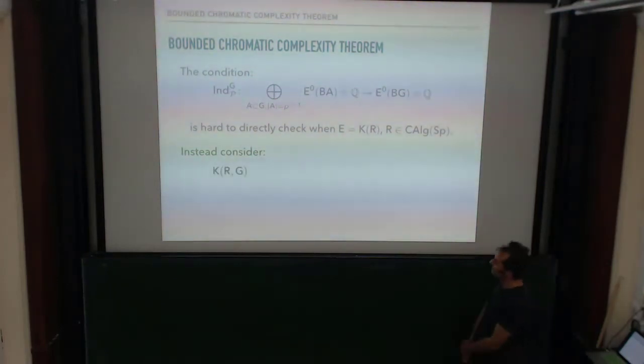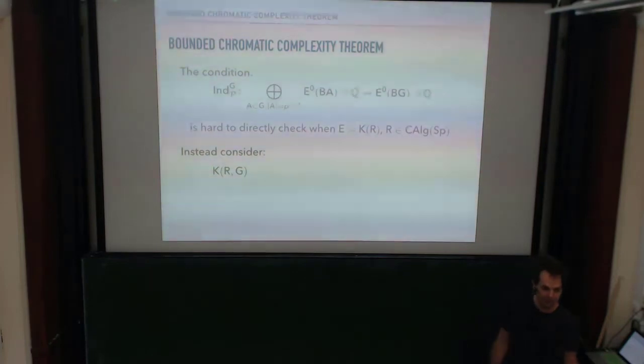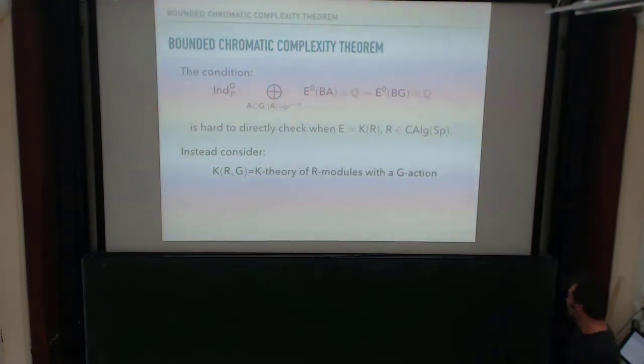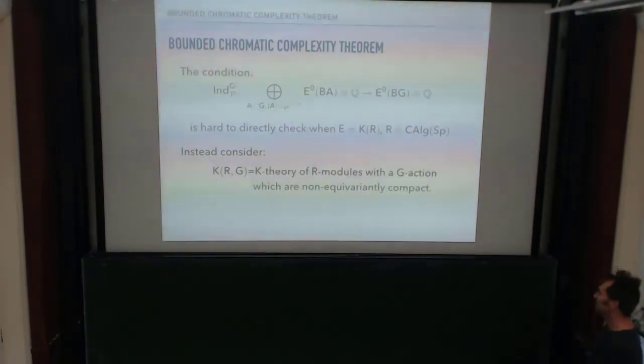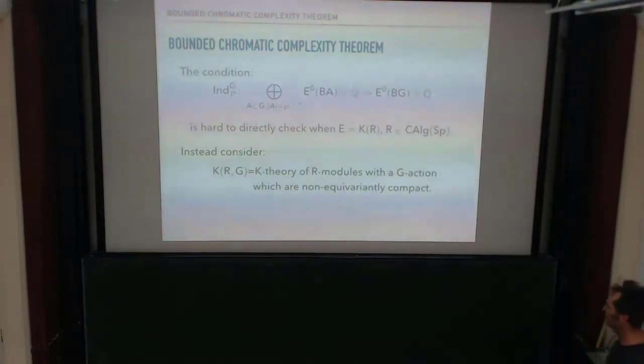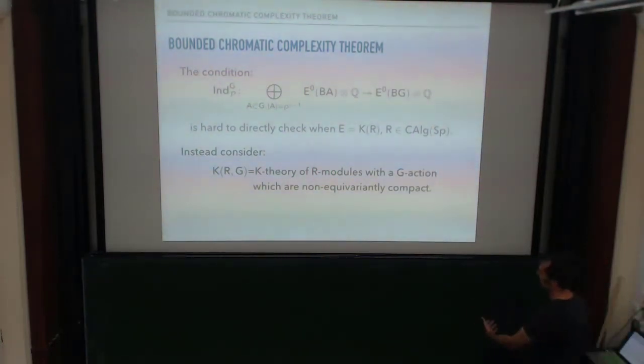So instead, what we're going to think about is G representations in R modules. So R modules with a G action, which are non-equivariantly compact. So if you're used to this language, this is the K-theory of Fun(BG, Perf R).